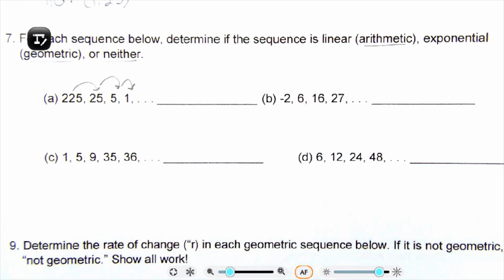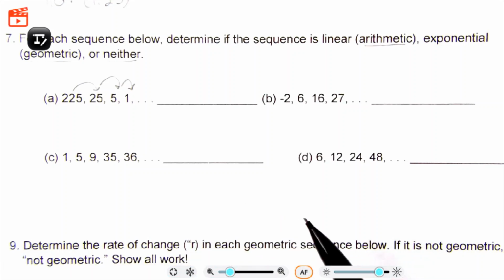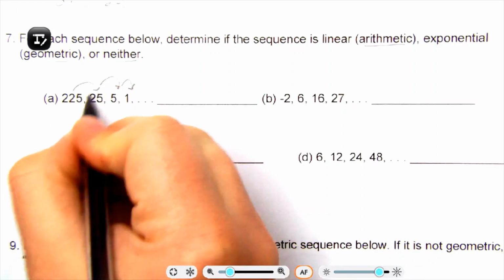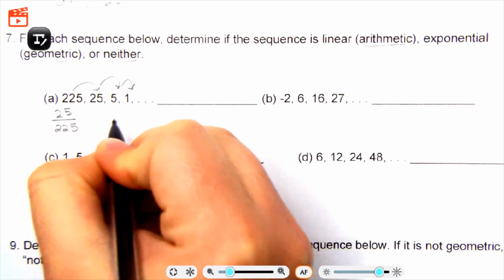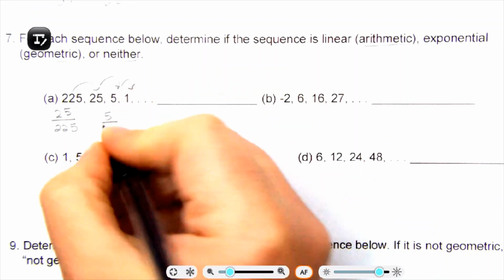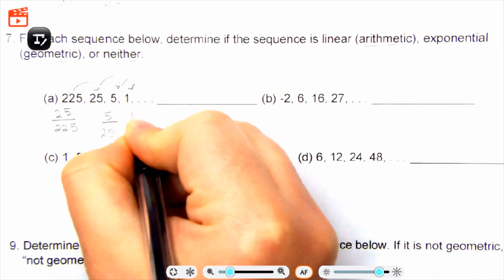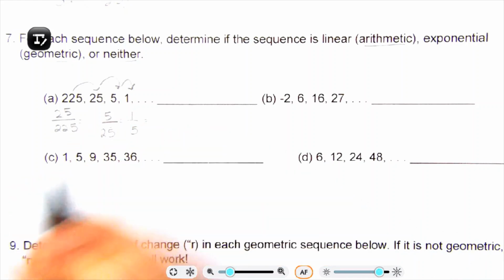I'm thinking it's going to be division, which is multiplying by a fraction. I'm taking my right, dividing it by my left, each time. And again, it has to be the same number or it doesn't work.